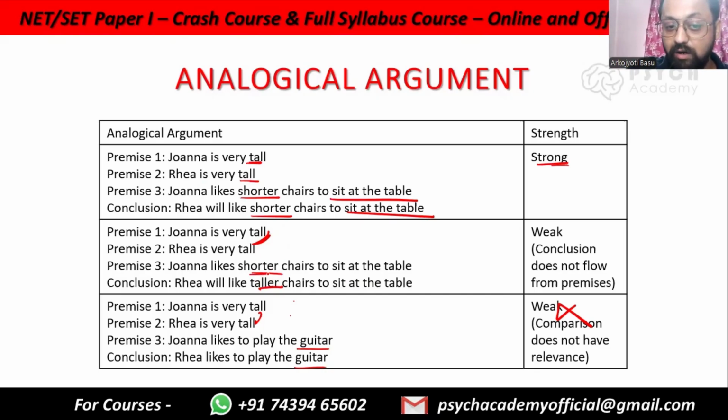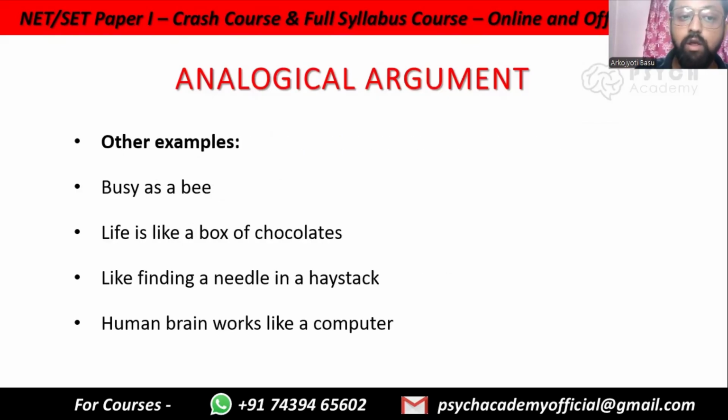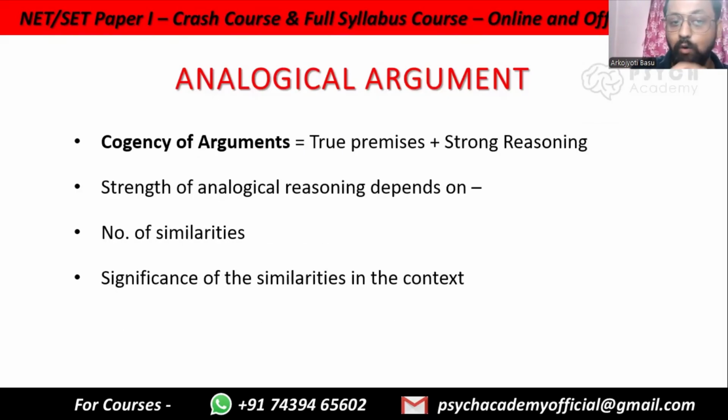It started as Joanna and Ria being similar. Joanna acts in one way, Ria acts in the opposite way. So once again, a weak reasoning and hence not cogent. So for analogical argument, you have the same kinds of cogency as for inductive.